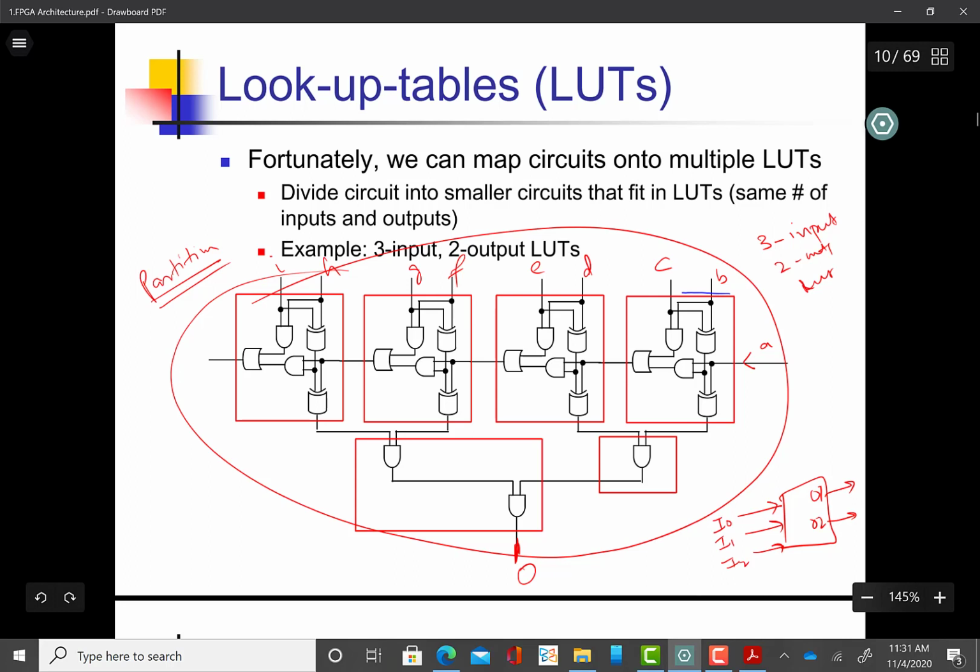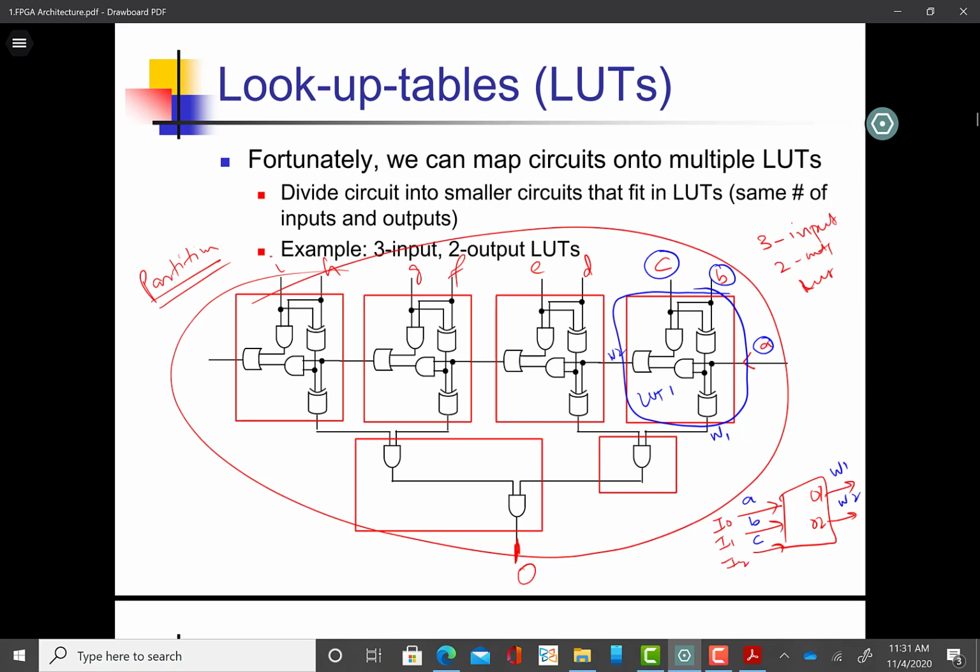So for example, this is my first partition, and if I look at it, it has inputs A, B, C. So okay, I can attach A here, B here, C here, and it has 2 outputs. Let's call these W1 and W2. So I can attach W1 here and W2 here. Maybe I call this LUT number 1.